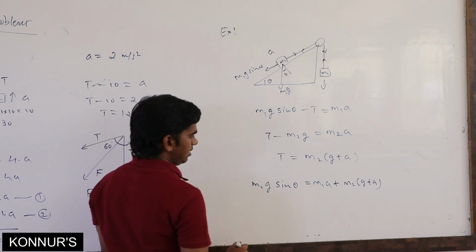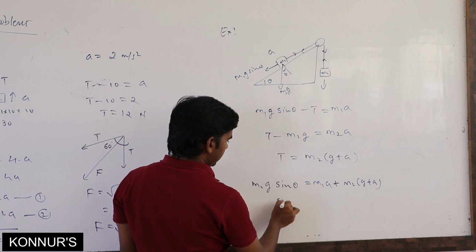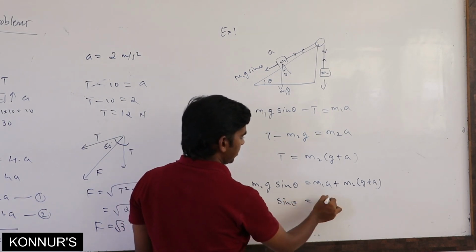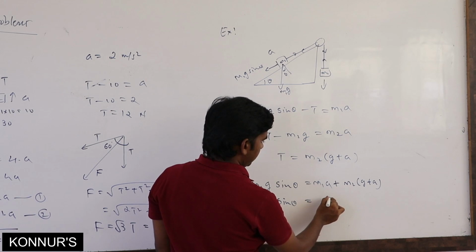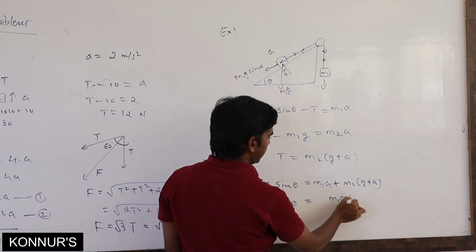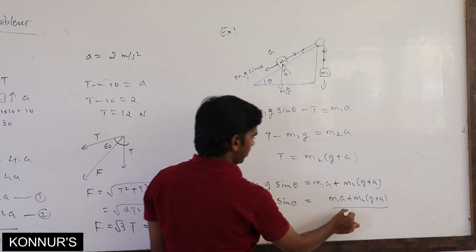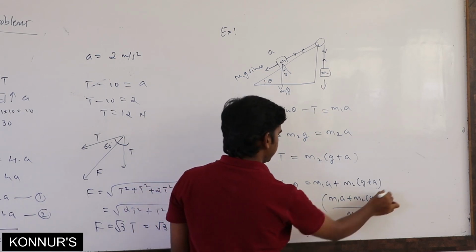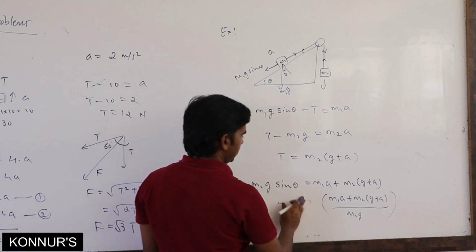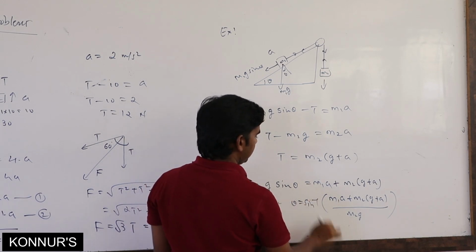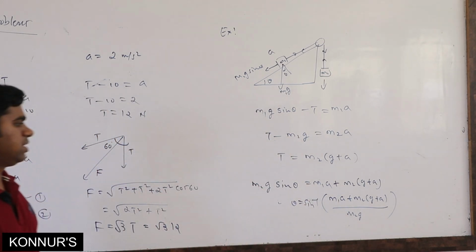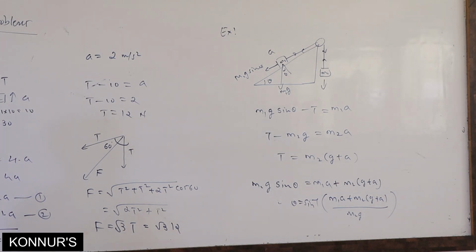So how can you get theta here? sin theta equals (m1 a plus m2 (g plus a)) divided by m1 g. If you take inverse of this, theta is sin inverse of (m1 a plus m2 (g plus a)) divided by m1 g.